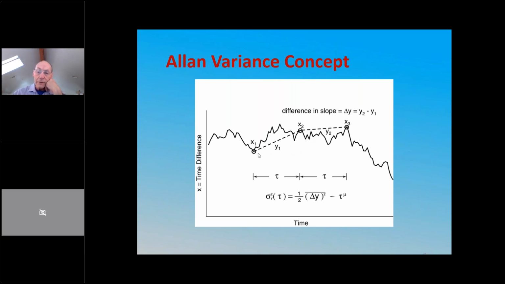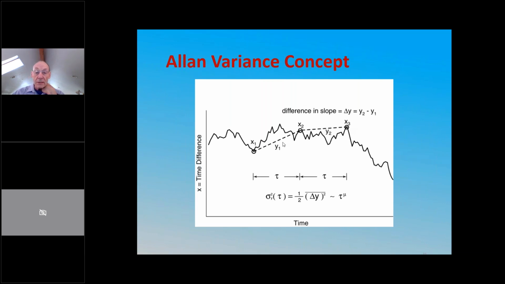You can call it the averaging time. So (x2 minus x1) divided by tau is the average frequency between time 1 and time 2. The same thing is y2, the average frequency between x2 and x3.